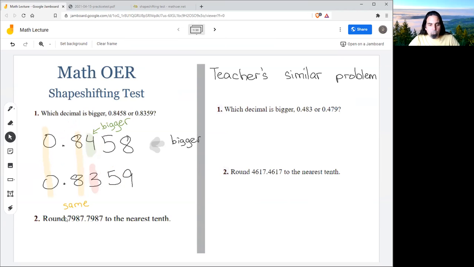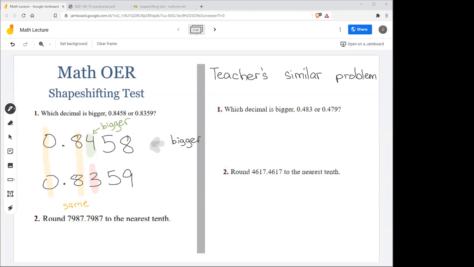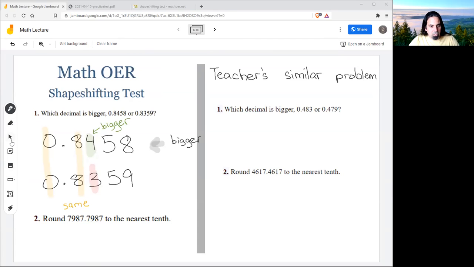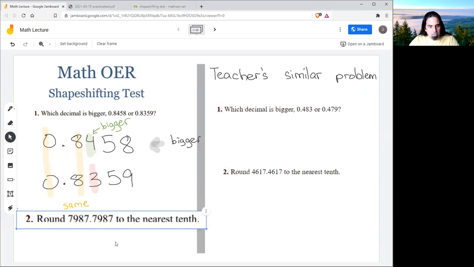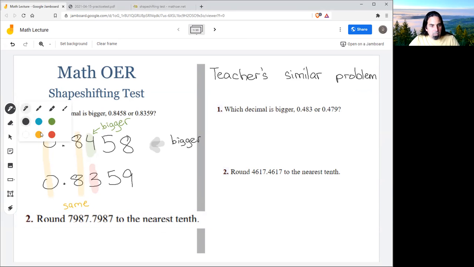Problem 2, rounding this weird decimal to the nearest tenth. I believe you round the 7 to 8 because the 9 is higher than 5. Yes, let me make it a little bigger so that we can see. So there's a 7. That's the tenth that we're being asked to round to.